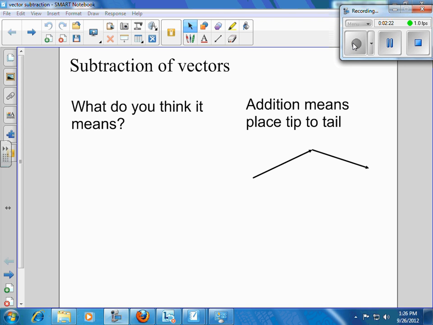Do you need to write down what do you think it means in your notes? No. Do you need to write down addition means place tip to tail? No, not if you already know it.